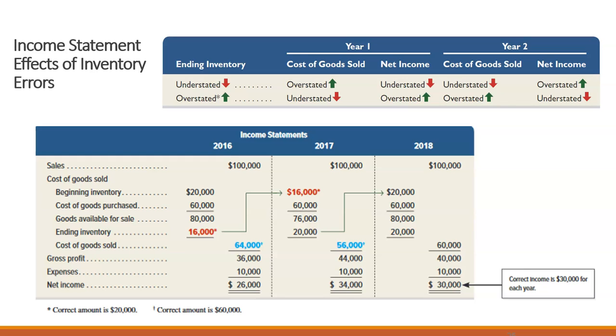Our net income will be understated, and in year two, that reverses itself. Now, most inventory effects will balance themselves out, as you can see here. If ending inventory is overstated, then in year one, cost of goods sold is going to be overstated, net income is going to be overstated, and then it's going to reverse itself out in year two.